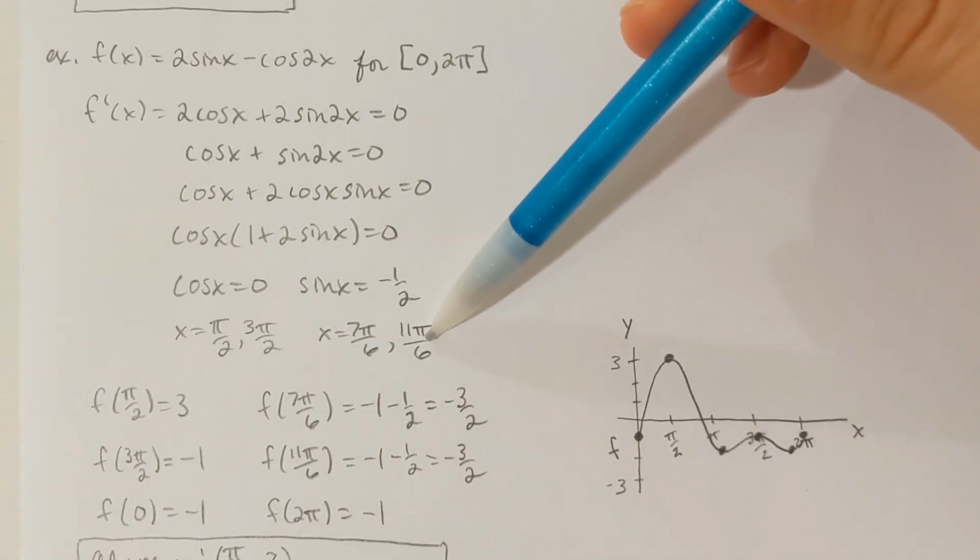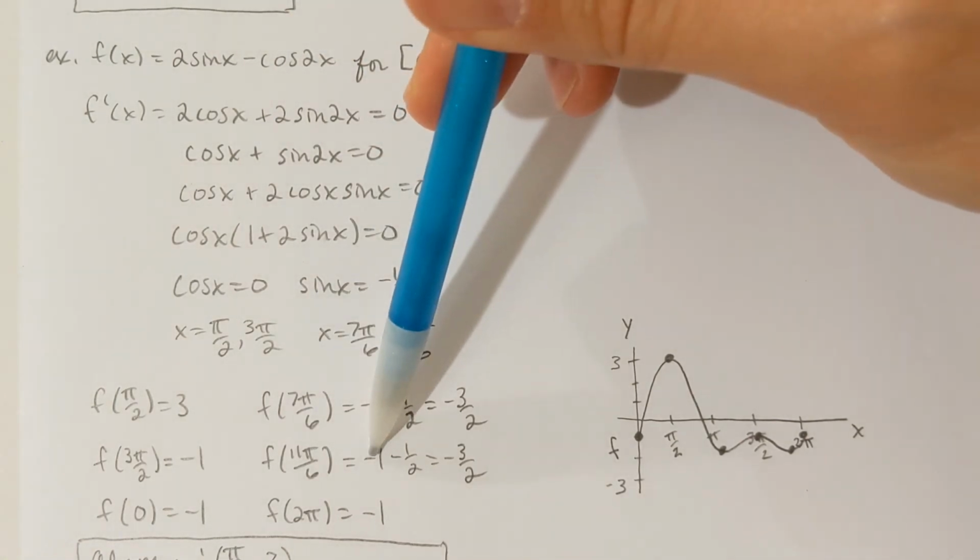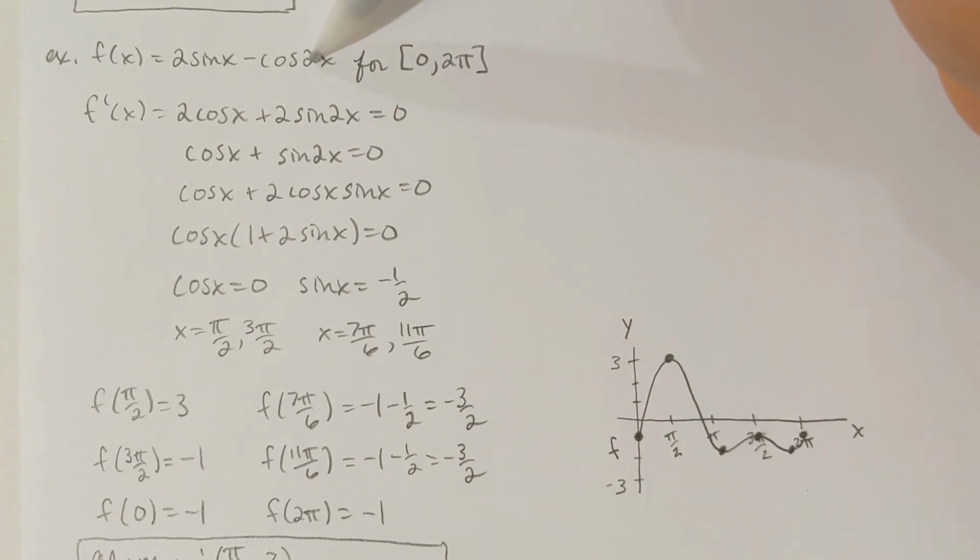And then how about 11 pi over 6? Sine of 11 pi over 6 is -1/2, times 2 is -1. And then cosine of 2 times 11 pi over 6, that'd be the same as cosine of 11 pi over 3. Well, that would be the same thing as negative pi over 3, or also the same thing as 5 pi over 3.